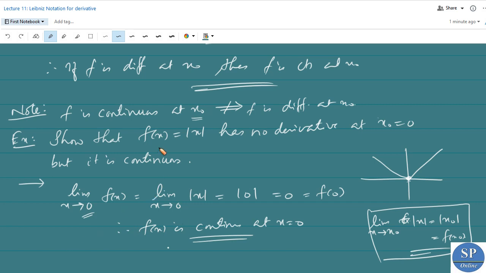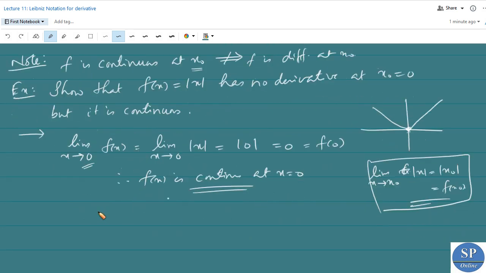Now we are going to prove that it is not differentiable at the point 0. By definition, f dash of x naught is equal to limit delta x tends to 0 of f of x naught plus delta x minus f of x naught divided by delta x.